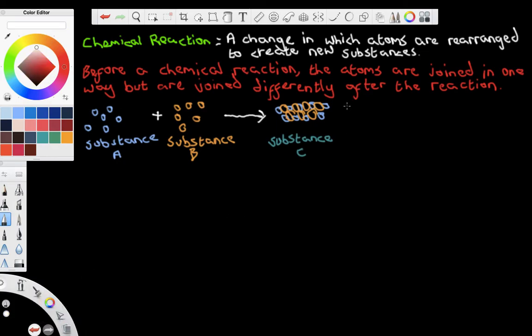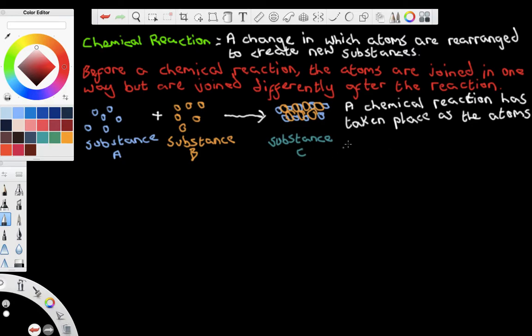So we can say a chemical reaction has taken place as the atoms have been rearranged after the reaction.